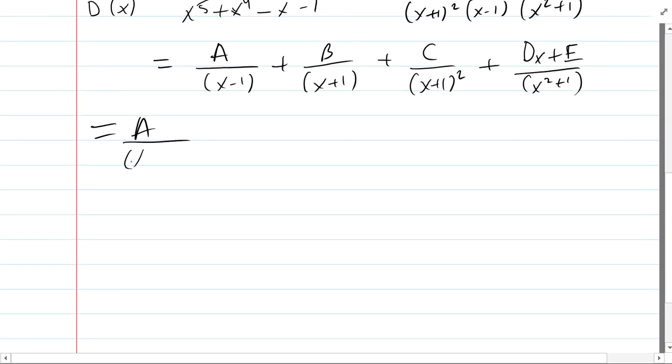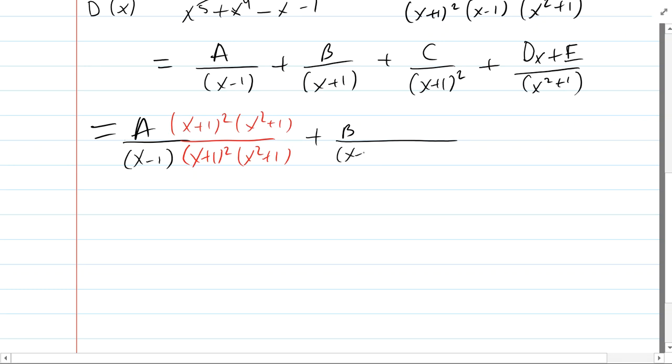So if I need a common denominator, it would be lovely if y'all let me start. The common denominator: what's missing here is the x plus 1 squared and the x squared plus 1, right? So on top I have x plus 1 squared times x squared plus 1, right? Correct? For the b term, x plus 1.